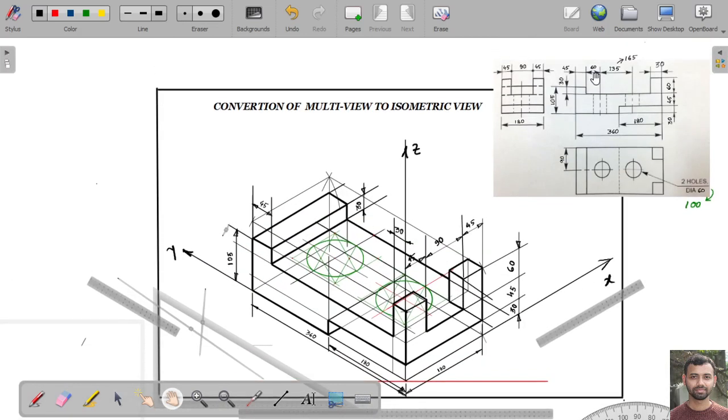That is, one dimension is from this point it is 60, and from this hole it is at a distance of 165.